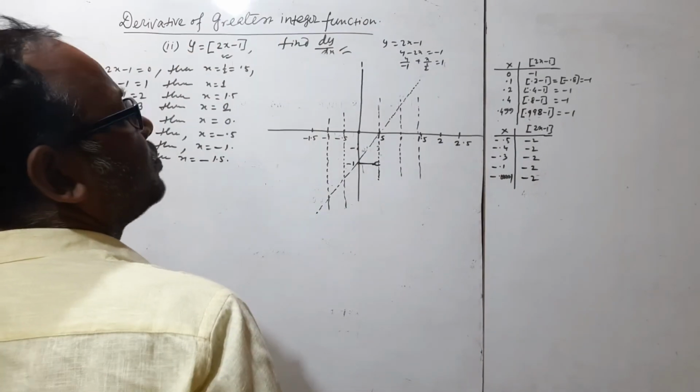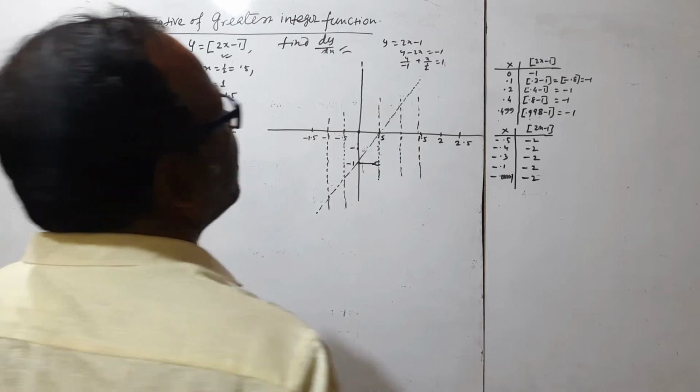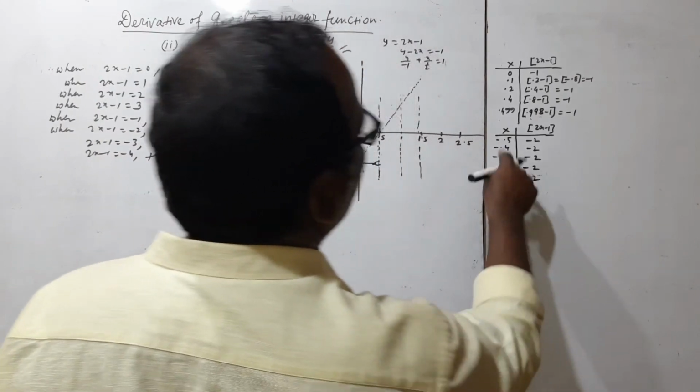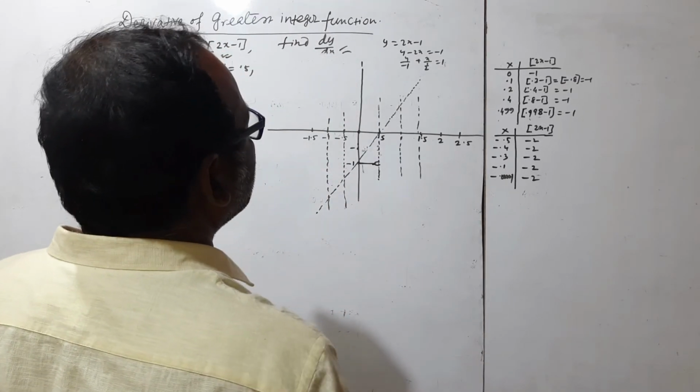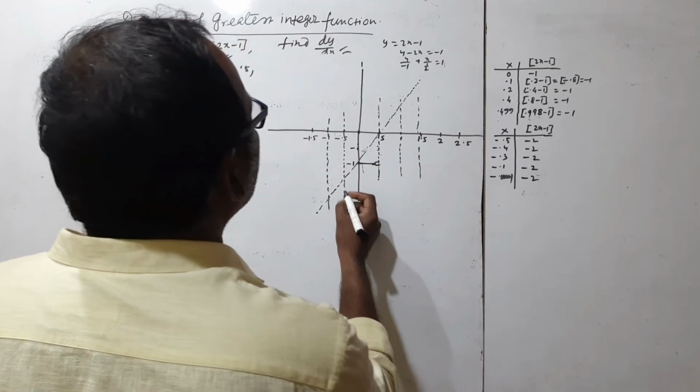So for that, this is the value of x which lies between here and minus 2.